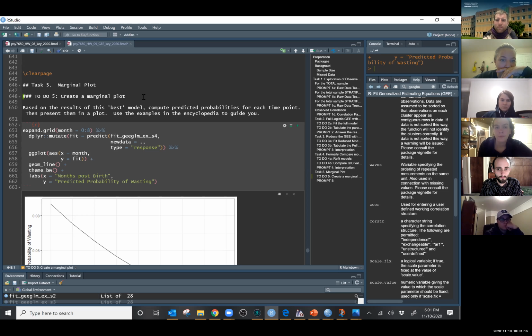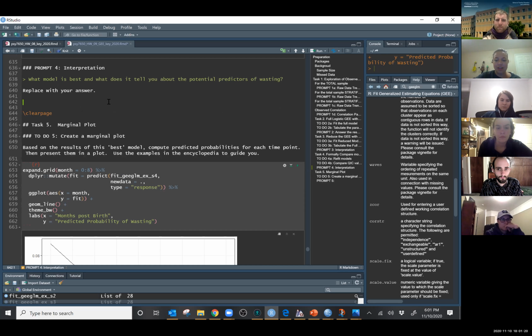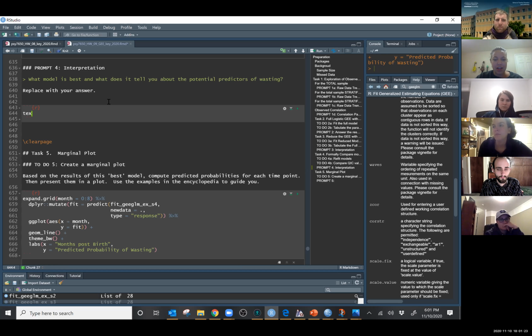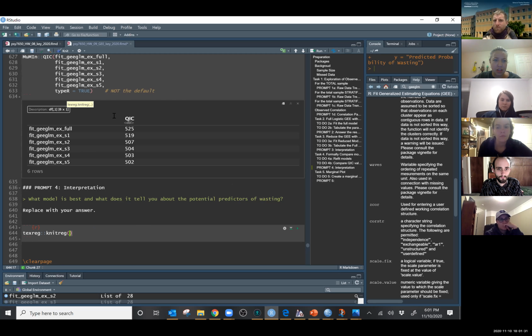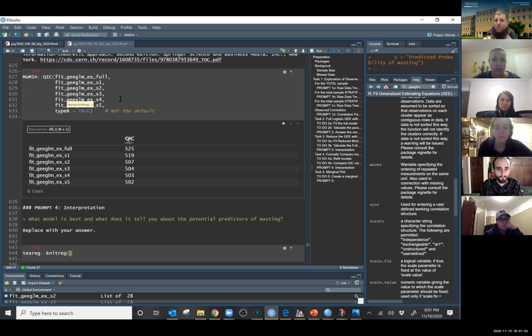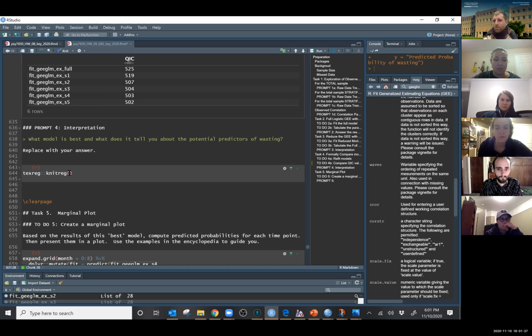Yeah, and then it also says, how would we tabulate it? TechReg, knitreg. What are we supposed to tabulate? I read that as tabulating the last best model, which would have been pretty much the GLM one.